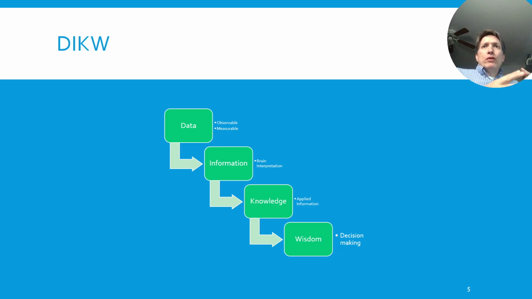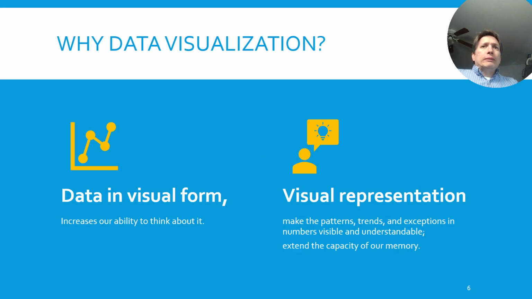When we are transforming data into information, preserving that meaning, transforming that observation or that measure into something that the brain is capable of interpreting and drawing conclusions from, is where visualization is going to have a really important role in order to transform those raw elements from the observation of the world into something that our brains are going to use. But then, why is this so important?